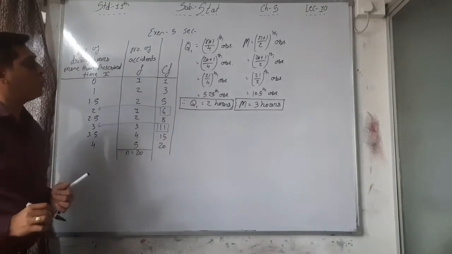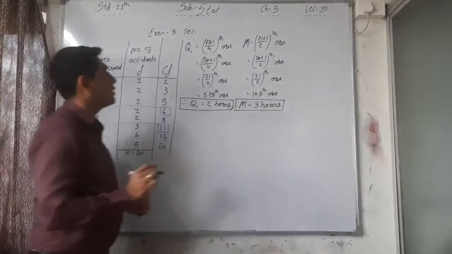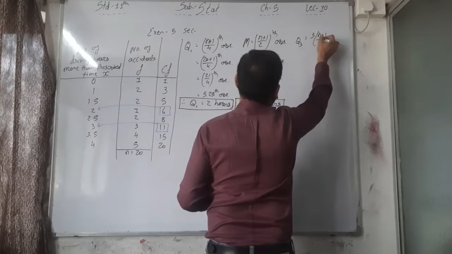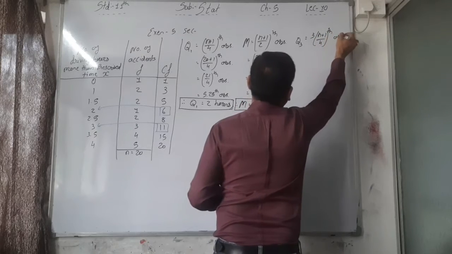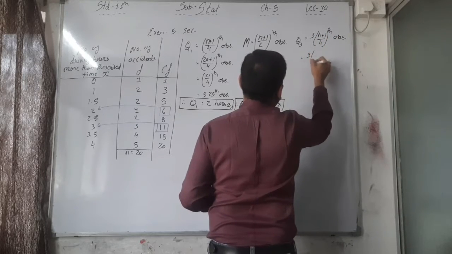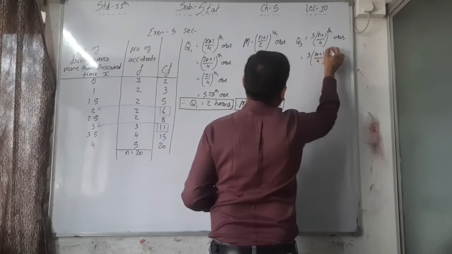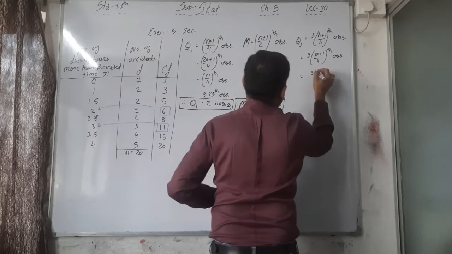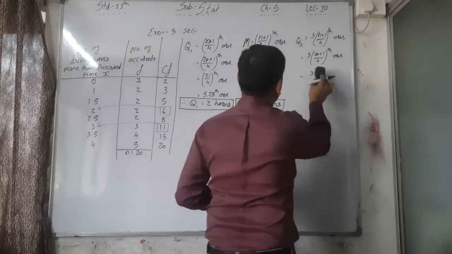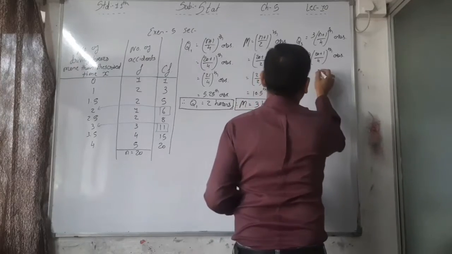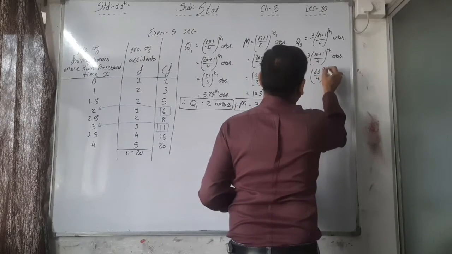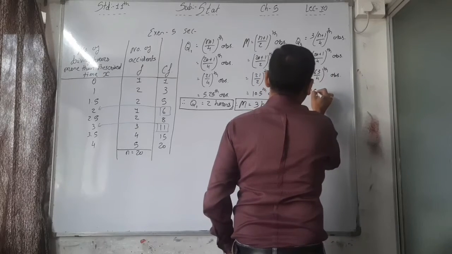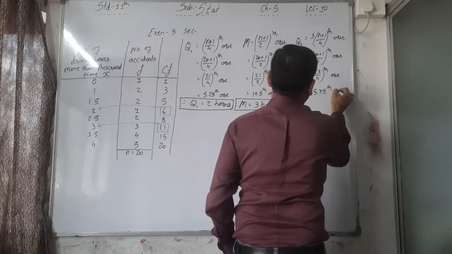Here Q1 is equal to 2 hours, M is equal to 3 hours, and the last is Q3, that is 3 into (n plus 1) by 4th observation, that is 3 into (20 plus 1) by 4, that is 3 into 21, that is 63 by 4th observation, that is 15.75th observation.